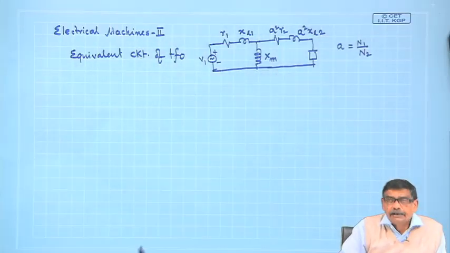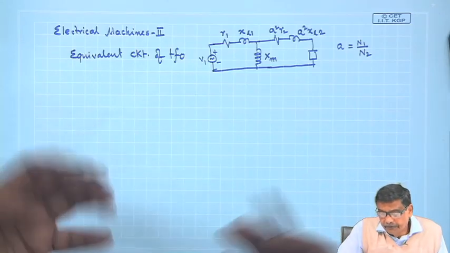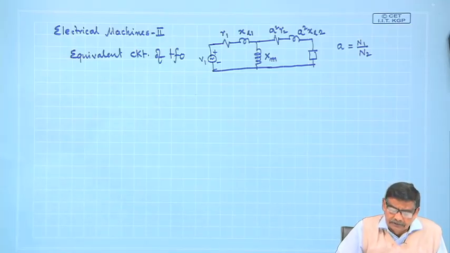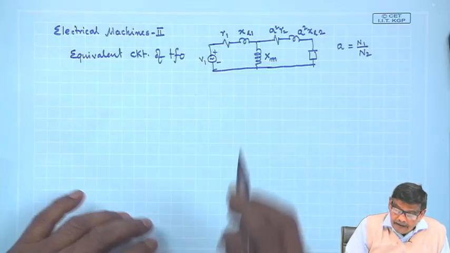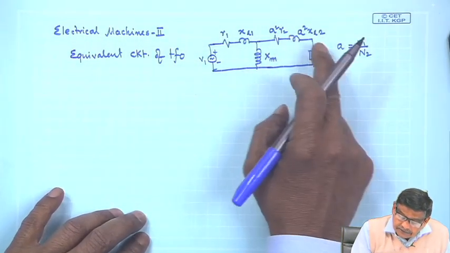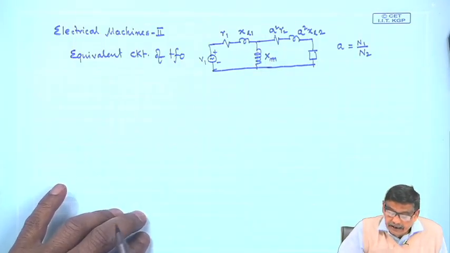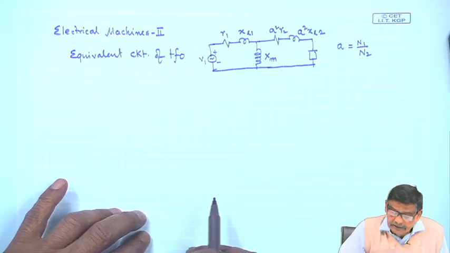Okay, this equivalent circuit must be familiar to you, and it has been derived based on some physical considerations of the leakage flux, mutual flux and so on. And these impedances, R2 is the actual secondary winding resistance, XL2 is the actual secondary leakage reactance.